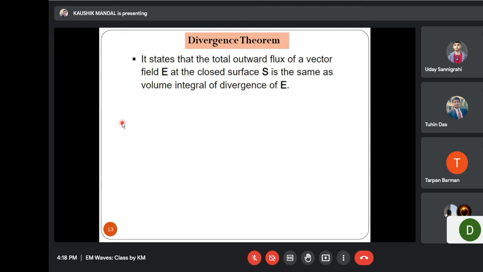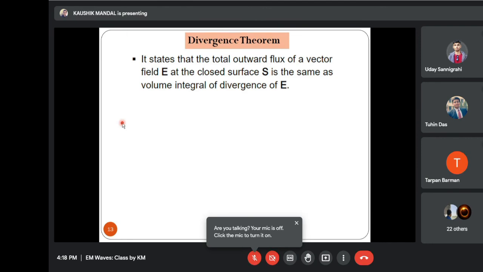It basically states that the total outward flux of a vector field E at the closed surface S will be the same as the volume integral of the divergence of E. That means the total outward flux of a vector field E enclosed by a closed surface S will be the same as the volume integral of the divergence of E.